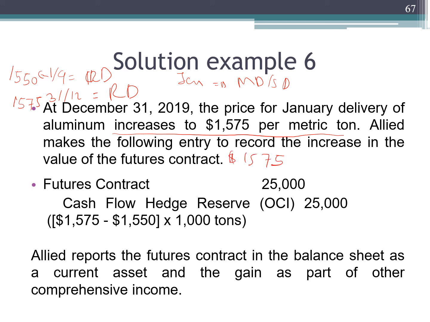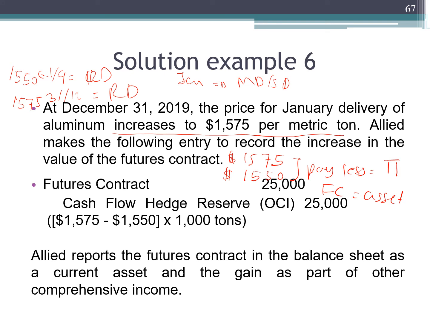Now you are in the position of buying. You entered the contract, you said that you're going to pay 1,550. So in this case, because you pay less due to the contract, you're going to have a gain. So your future contract becomes your asset, because of the increase in the price.